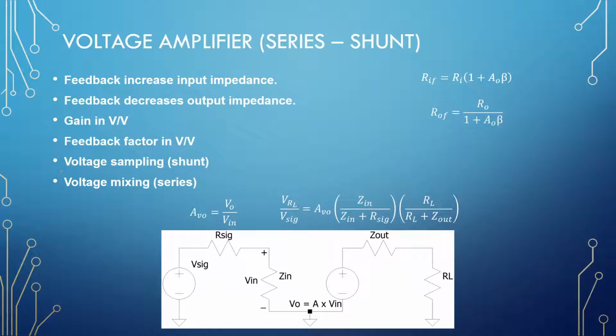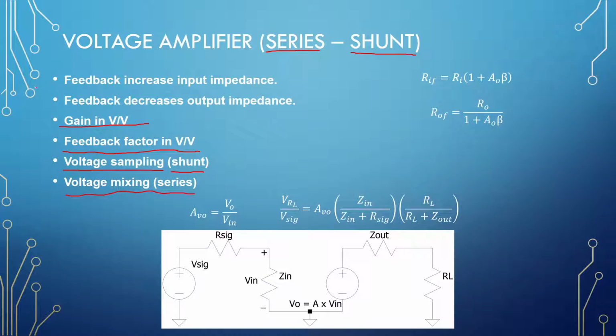It's voltage sampling for a voltage amplifier, so that happens in shunt, and voltage mixing at the input, and that happens in series. So the name describes the mixing and the measuring like that. So it is a series shunt topology for voltage amplifiers. The gain is in volt per volt. The feedback factor is in volt per volt.